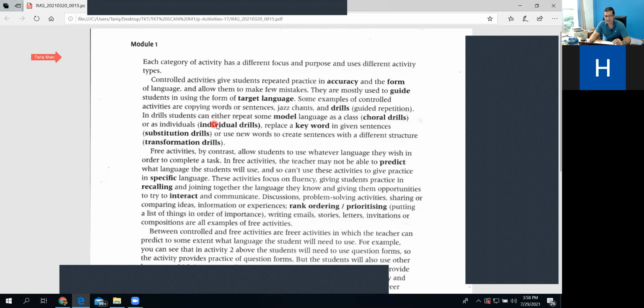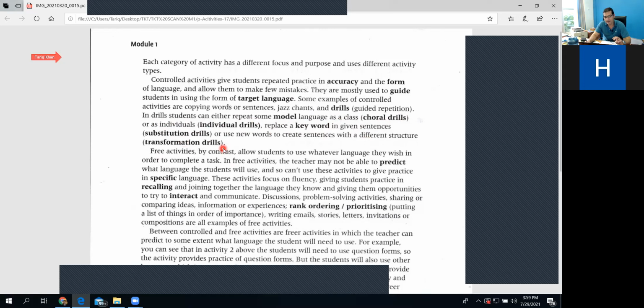In drills, students can either repeat some model language as a class, like choral drills, or individual drills, or replace a keyword in a given sentence, substitution drills. So you need to know all these different types of drill and what type of activities these are. You need to be very clear about it.